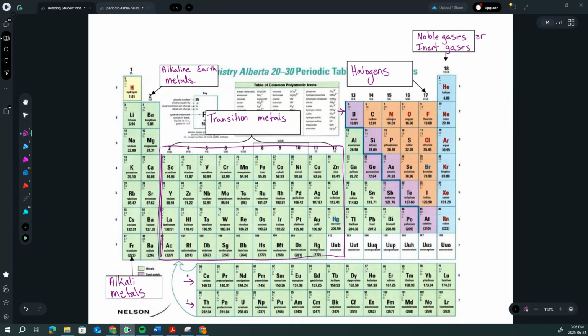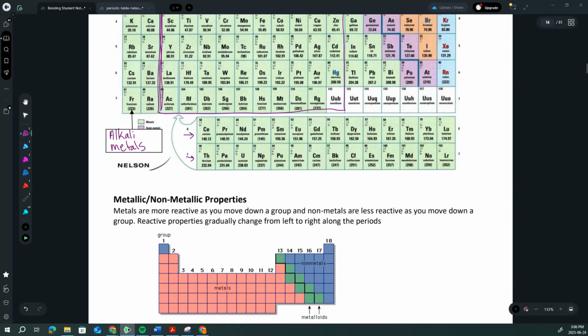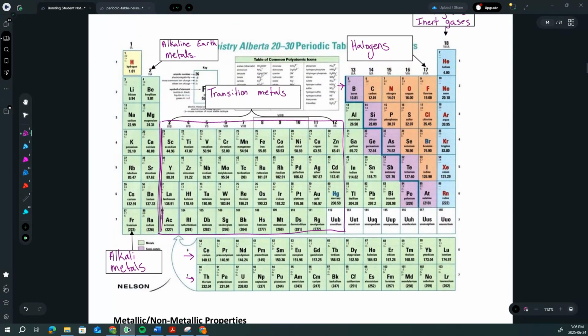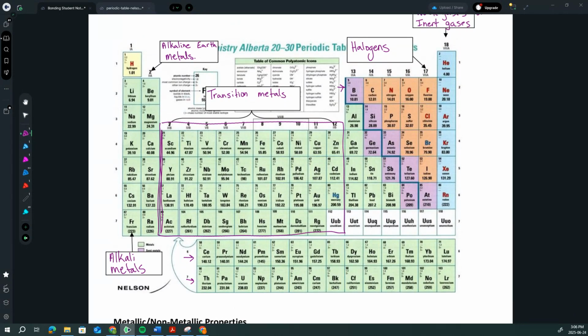Meanwhile, for nonmetals, we're going to have an opposite trend. Okay, so it said it a little bit differently down here than how I'm going to say it, but I'm trying to represent the same idea. Okay, so the note said nonmetals get less reactive as you move down.